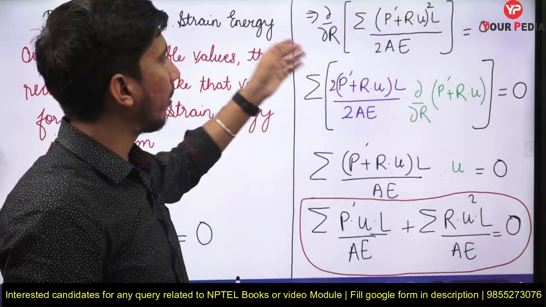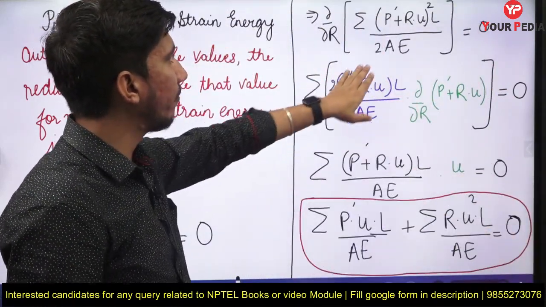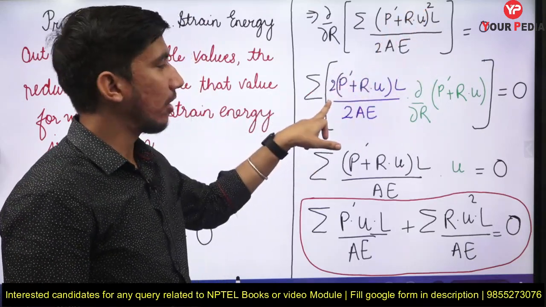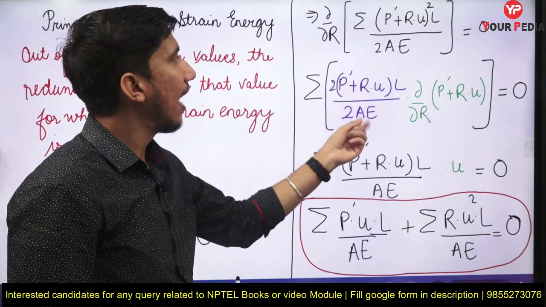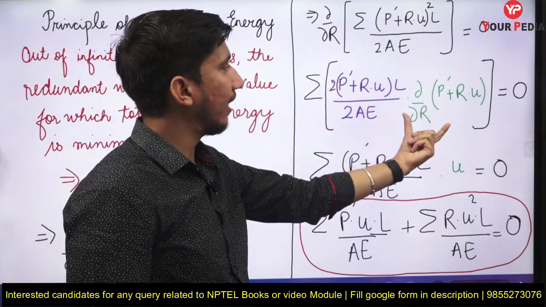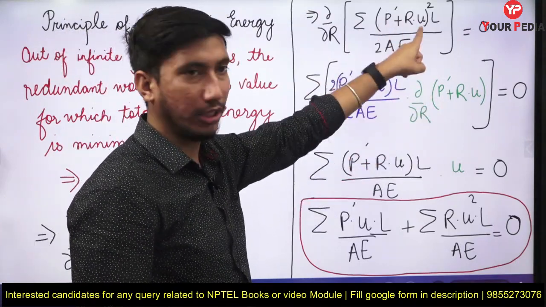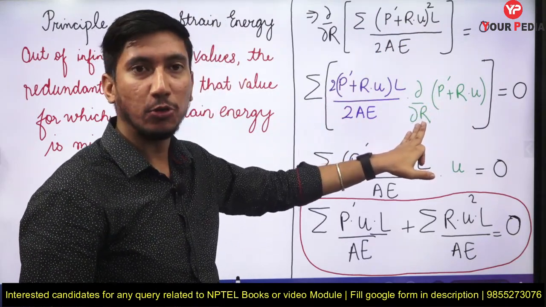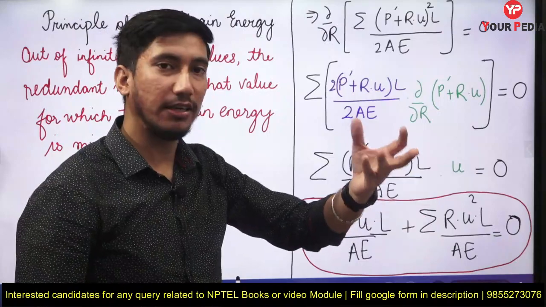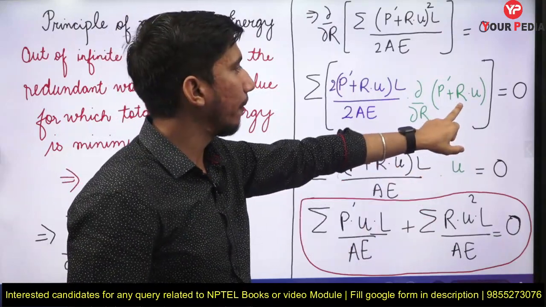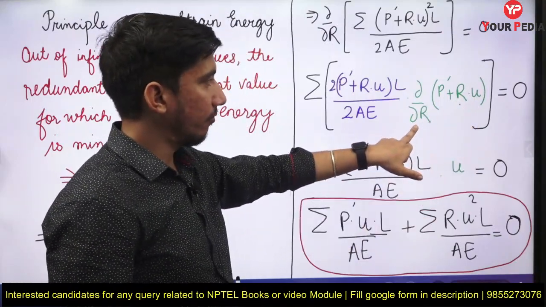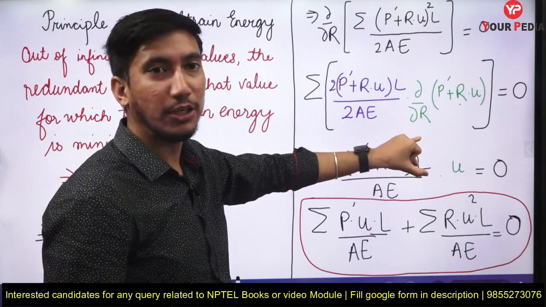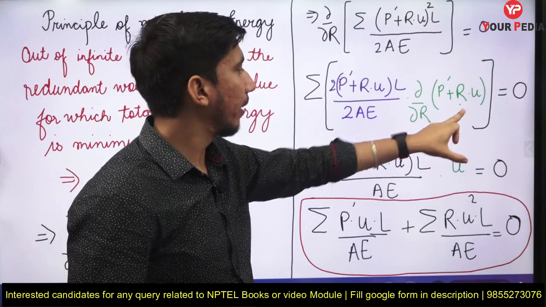While solving this, we apply the power rule over here. So this comes outside and we have this, and then we again find the derivative of this particular thing. Now P dash is constant with respect to R, so its derivative would be 0, and for RU, when we differentiate with respect to R, this will become U only.